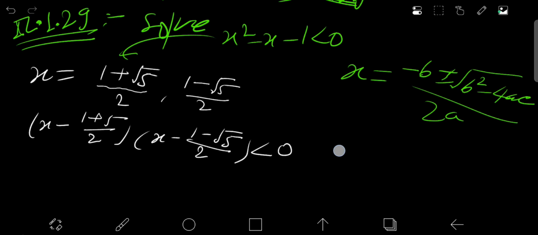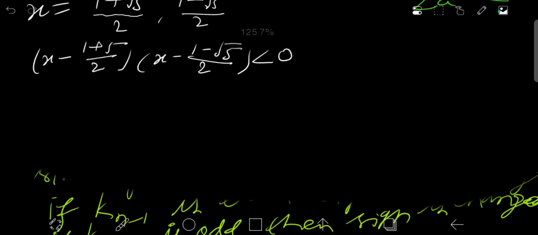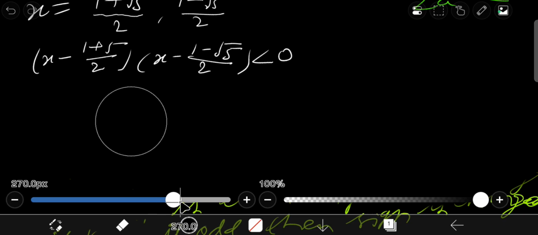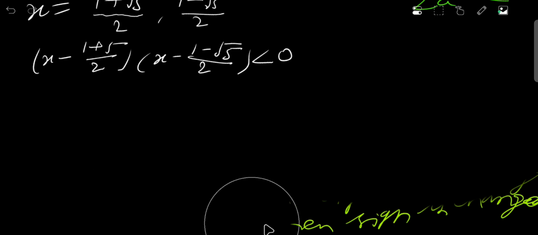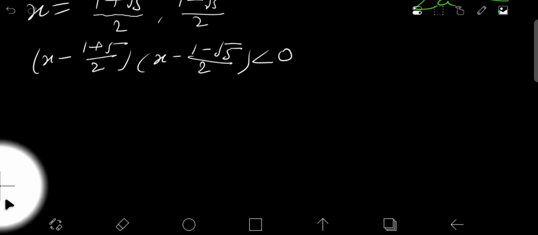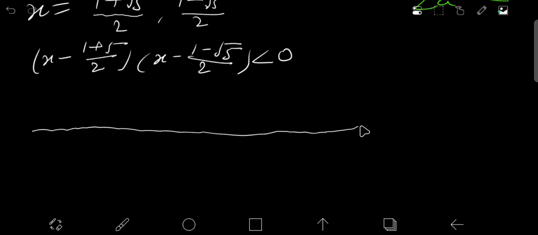Now we draw the real number line. Here we write these roots on the real number line.